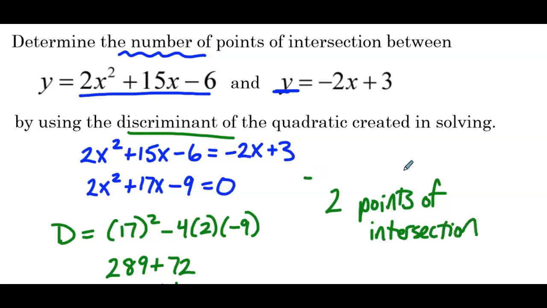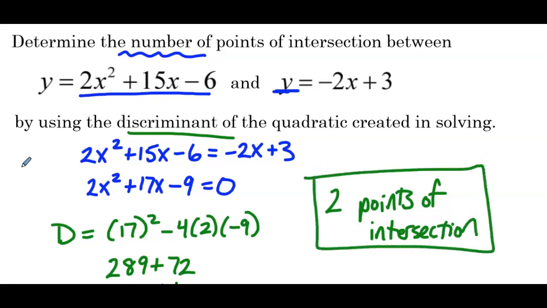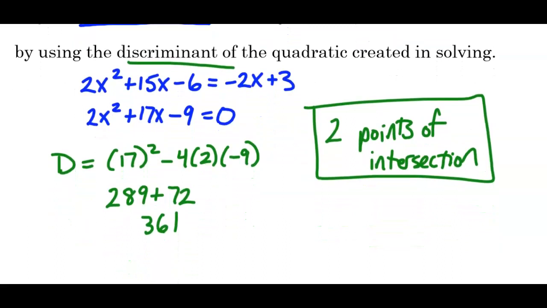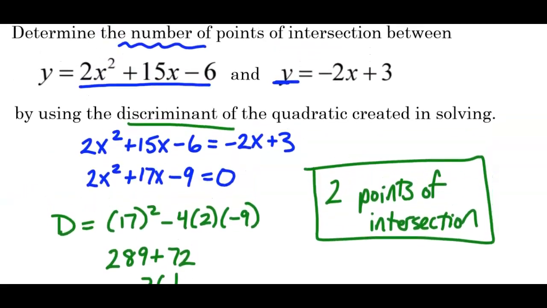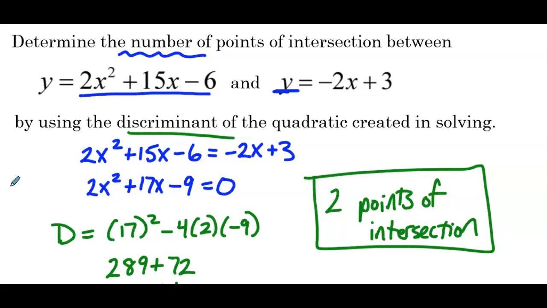So essentially what this question is asking us to do is go back to that nature of the roots. And it's tying in the nature of the roots to solving a system, a linear quadratic system of equations algebraically. So we start solving, we get a quadratic that we would find the discriminant of in order to solve. And here they don't actually want the solutions, they just want to know how many solutions we're going to have.